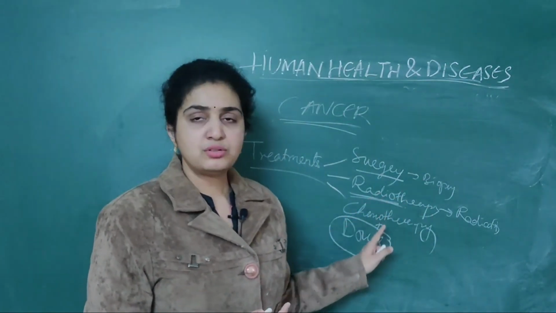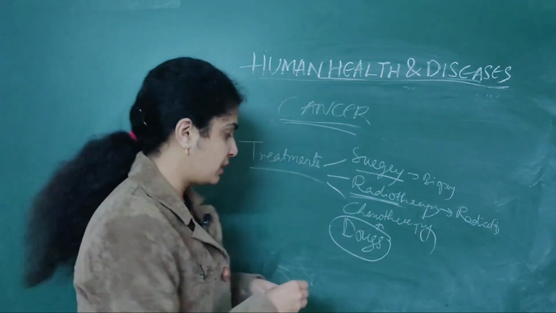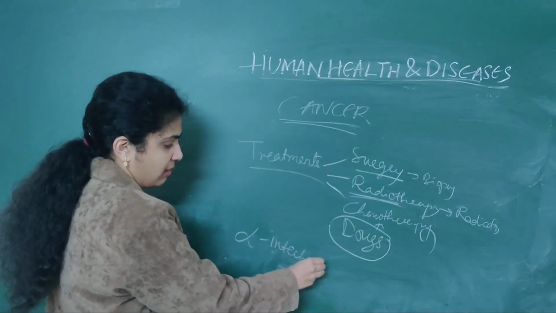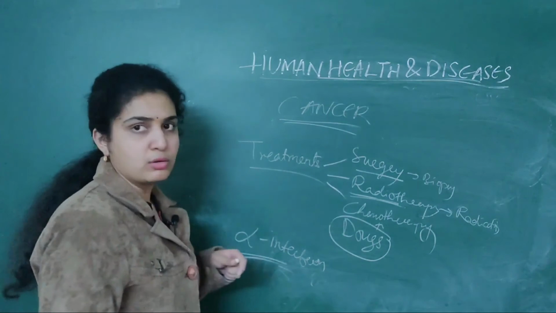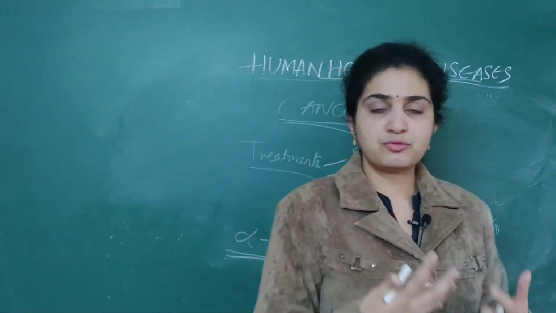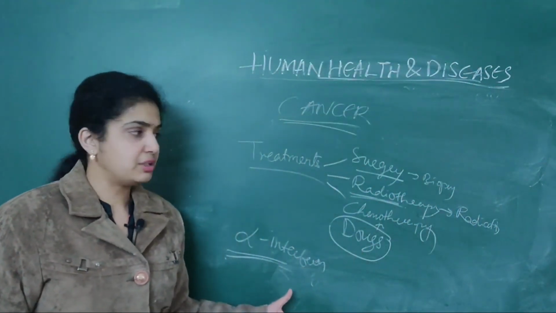So this is about the three different types of treatment. And in severe cases, it is also treated with alpha interferon. Alpha interferon will help in diagnosing as well as in the treatment of cancer.